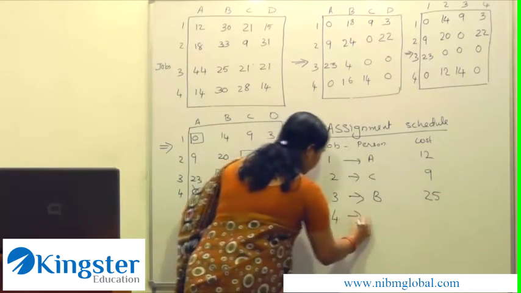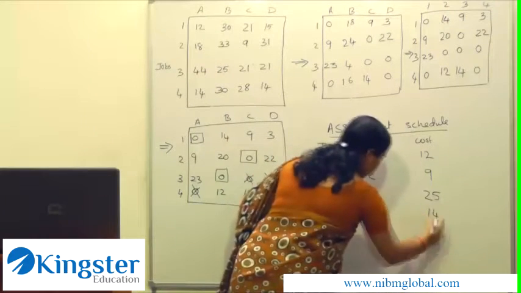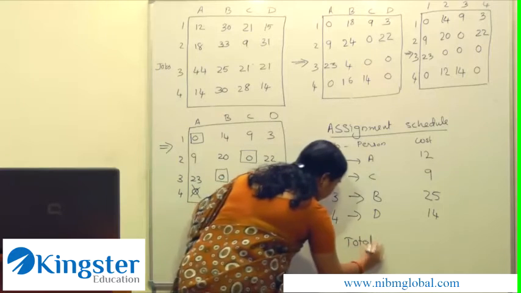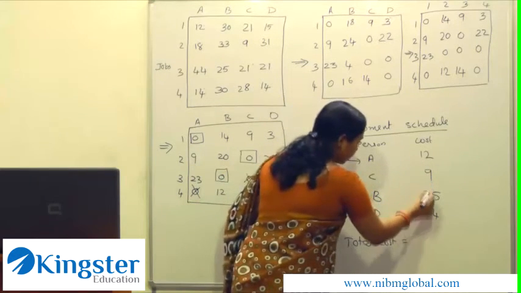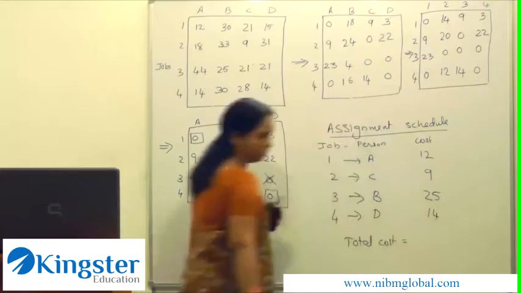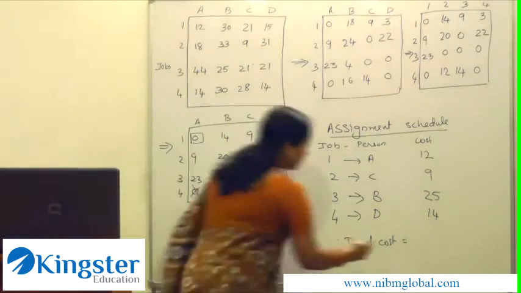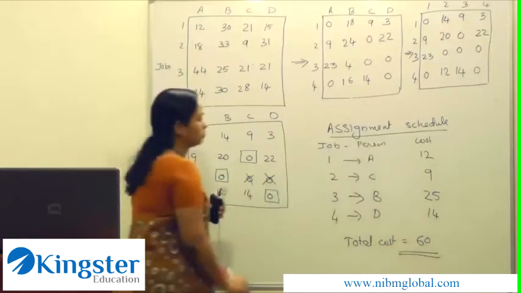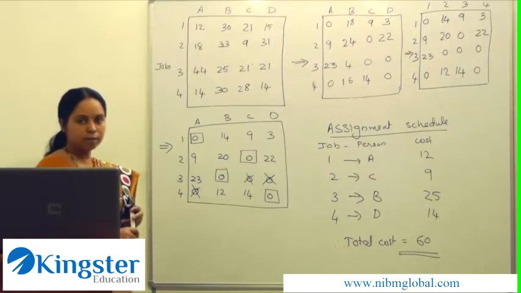Fourth job is assigned to D, the corresponding cost is 14. Therefore, the total cost is equal to 12 plus 9 plus 25 plus 14. This is equal to 60. This is the simplest type of assignment problem.